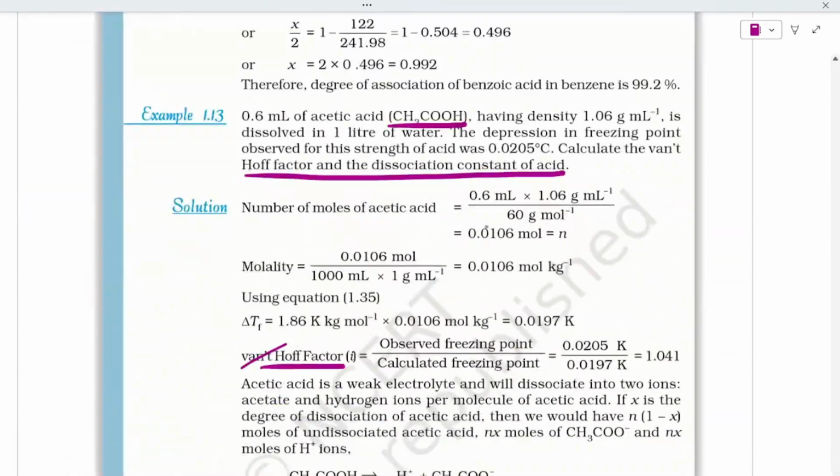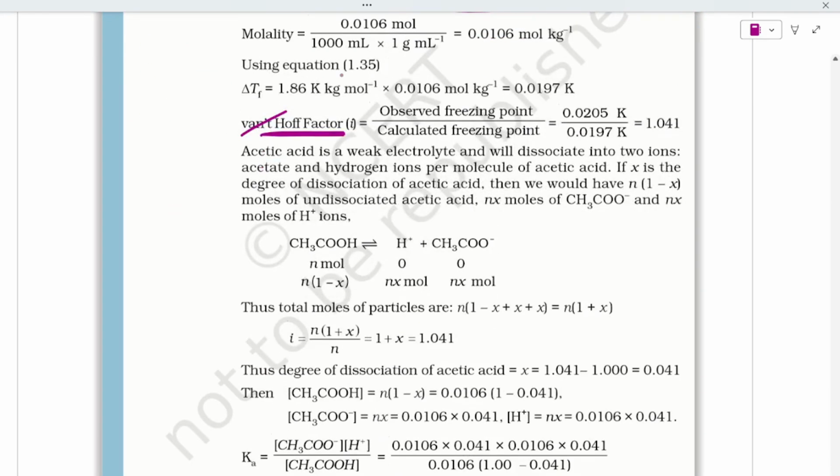Find the moles: 0.6 into 1.06 divided by the molar mass gives 0.106 mole as n, and substituting here you get delta Tf.